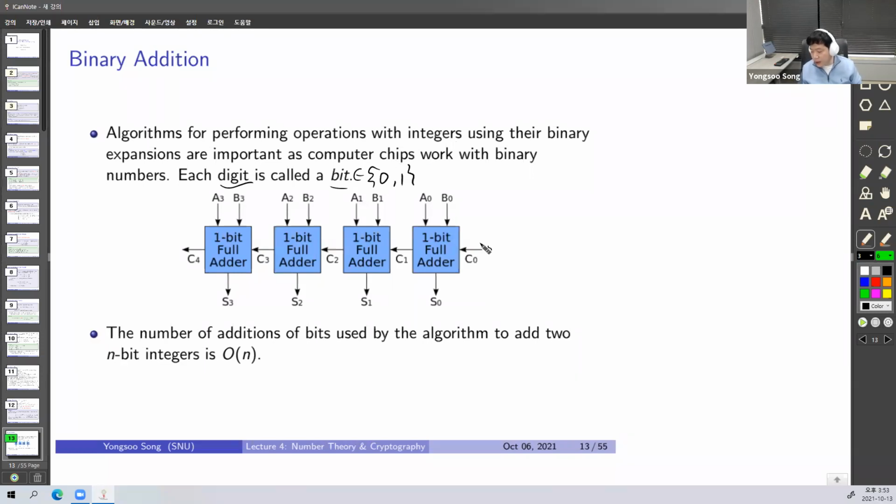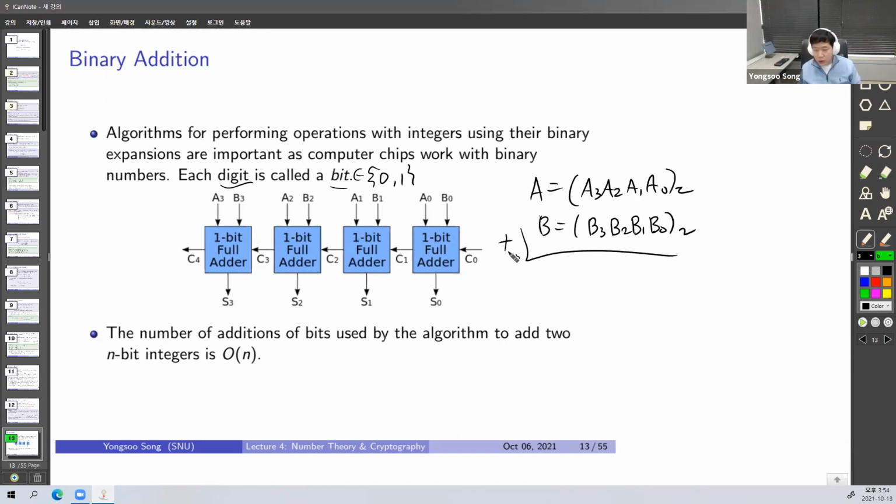And this is an example of an addition circuit between 4-bit integers. Suppose that you have these 4-bit integers, A is a 4-bit integer, B is another. When you add these two numbers, you can use just the same scribble algorithm as for decimal numbers.